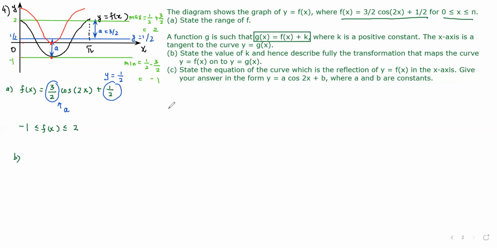Then for this case here, when you're translating 1 unit upwards, k must be 1. And you're asked to describe fully the transformation that maps f(x) onto g(x). That would be translation by 1 unit upwards.